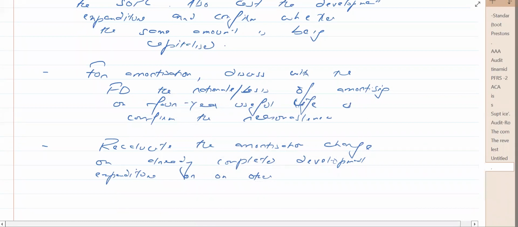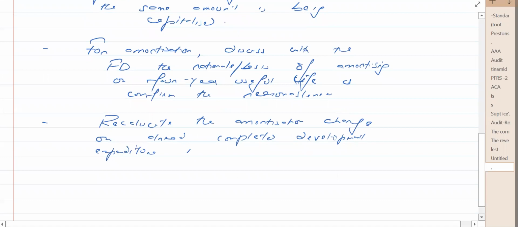So recalculate the amortization charge on already completed development expenditure and agree the figure with that of financial statement. That means the figure which they have recorded within their financial statement.